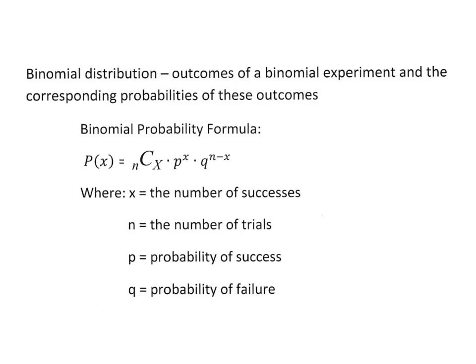First off, x is the number of successes, whatever the problem's asking for. X is just the number of successes. N is the number of trials. P is the probability of that success for x. And then q is the probability of failure.